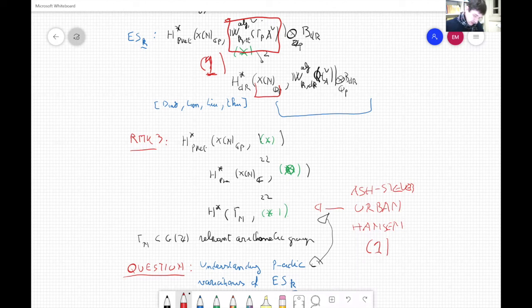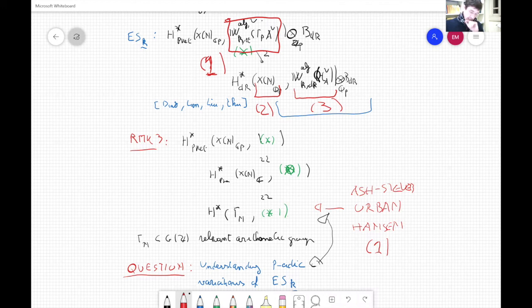That's the second theme I want to discuss. And on those loci, I also want to explain how we p-adically interpolate the coefficients.